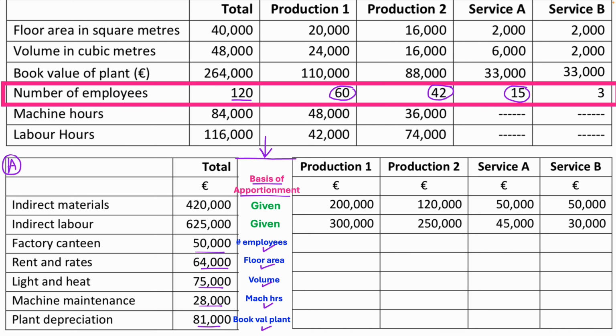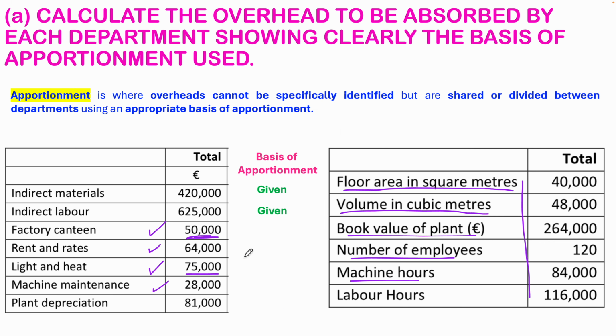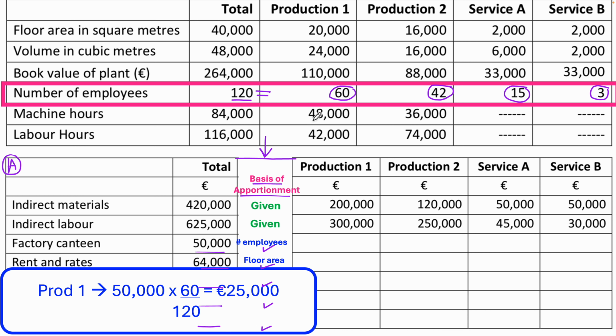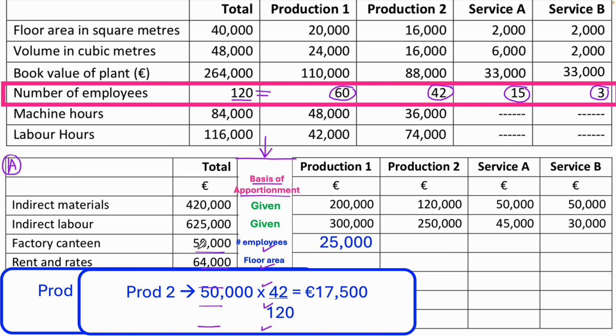So we're going to split up the factory canteen, the 50,000, using that breakdown. So 120 total, half of them are in production 1, so half of that would be 25,000, which goes into production 1. Then you've 42, so it would be 50,000 multiplied by 42 divided by the 120 total.